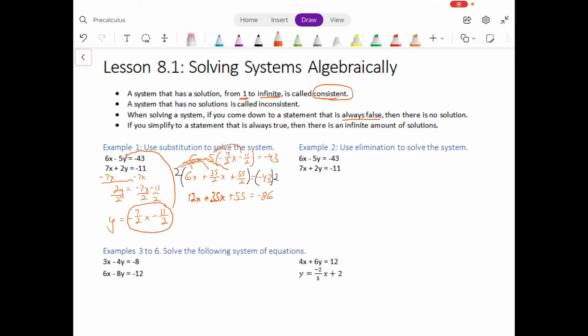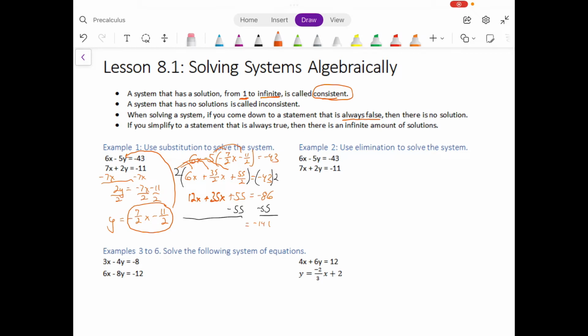And now we'll go ahead and subtract 55 from both sides. So on the right side, we get -144. Sorry, -141.